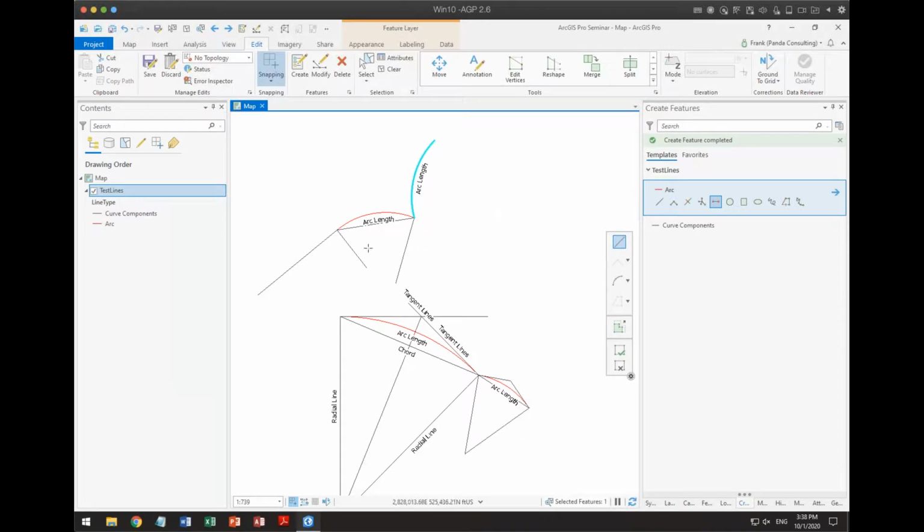And you may not find it very often, but there are instances when this is what these curves look like, in which they are non-tangential.